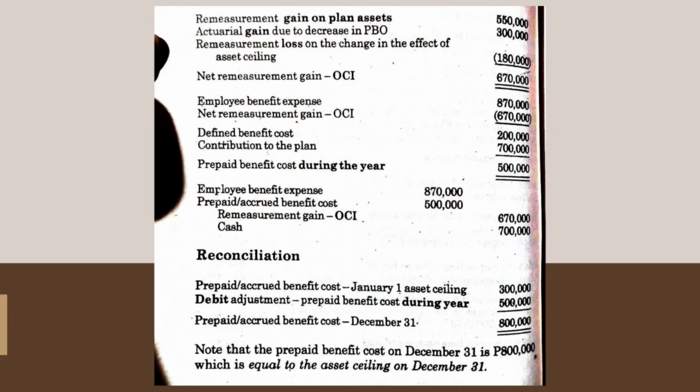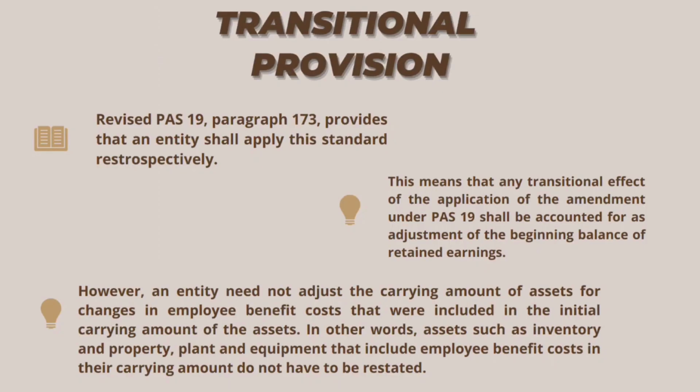So, transitional provisions. Revised PAS 19 paragraph 173 provides that the entity shall apply the standard retrospectively. This means that any transitional effect on the application of the amendments under PAS 19 shall be accounted for as an adjustment of the beginning balance of retained earnings.